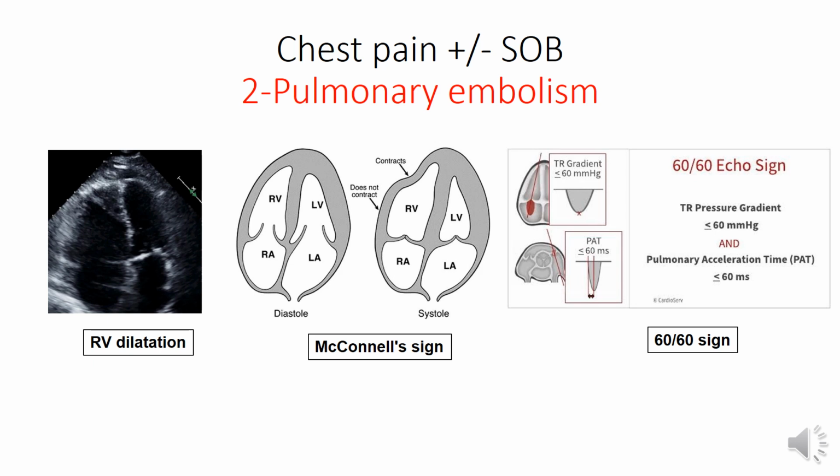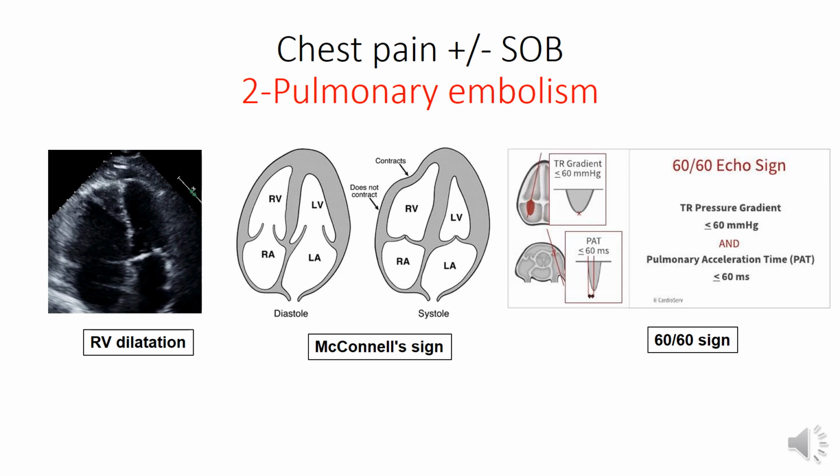This pressure is usually below 60. So if we measure the RV pressure and find it elevated but still below 60, this means it is most probably acute elevation caused by pulmonary embolism in this scenario. How to measure the RV systolic pressure?